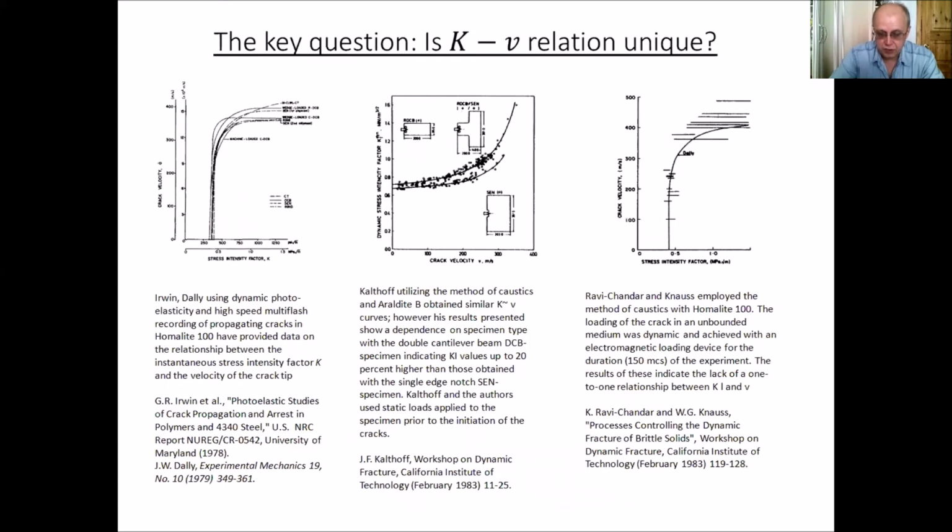We think that it should be done this way, but actually it is not the case. So why is it a problem? It is a problem because it turned out that many experimental observations of brittle fracture contradict both of these predictions.